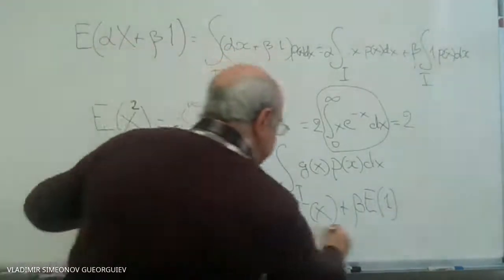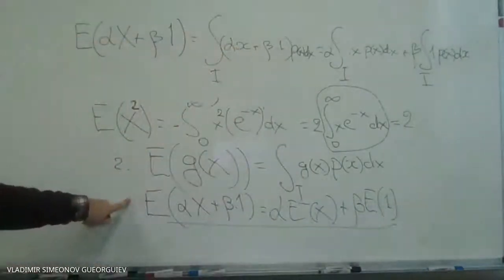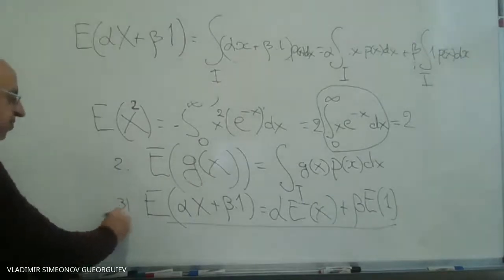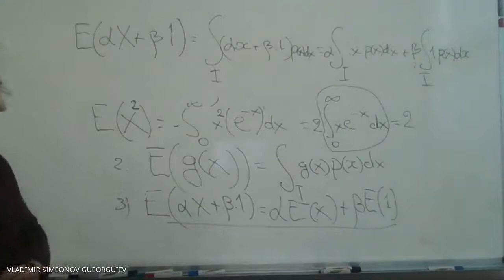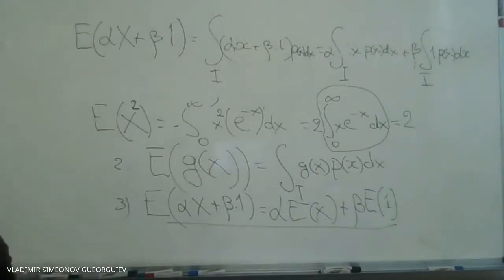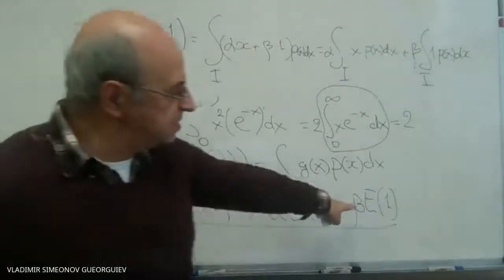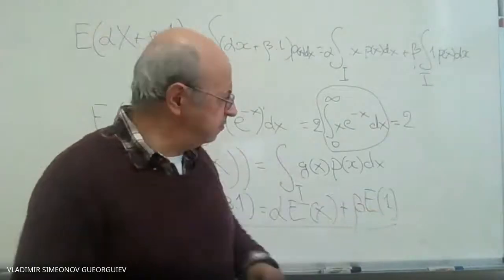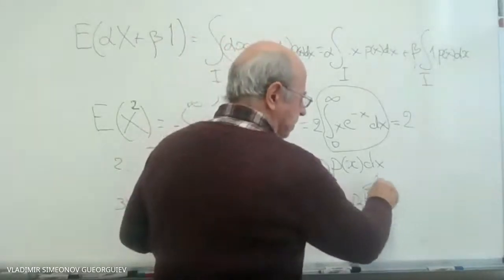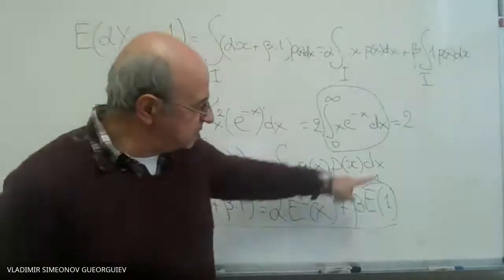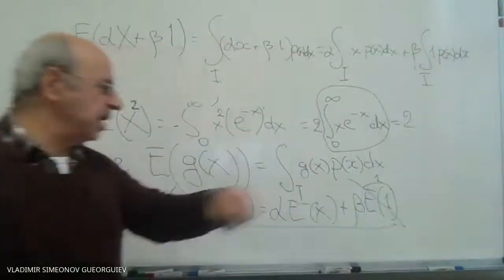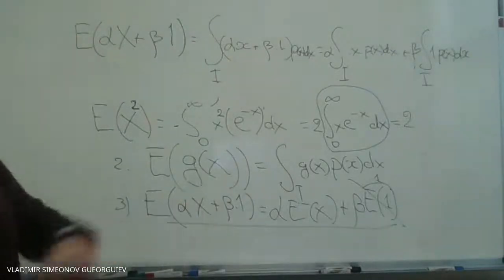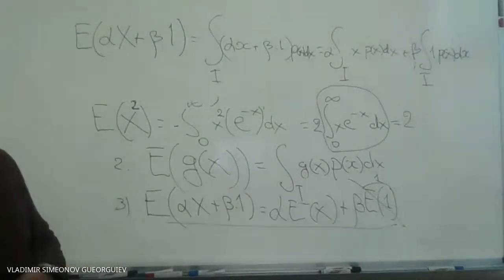This is a very simple rule that we call linearity, and it can be used in our calculations. The expectation of 1 is already computed and is 1, so we simply can forget about it and write the expectation of this linear combination, alpha x plus beta times 1.